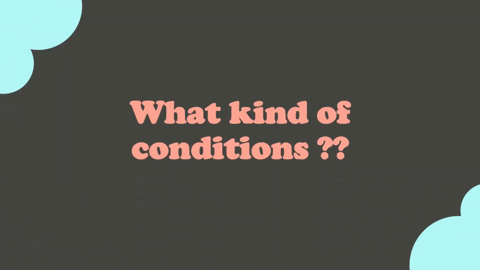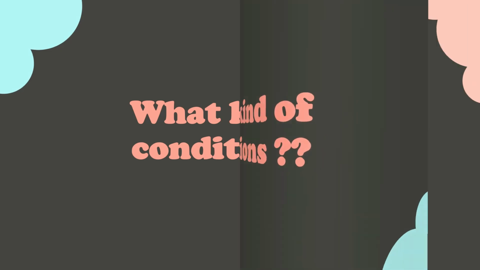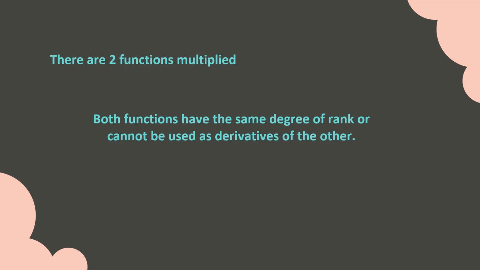Next, what kind of conditions make us able to use the integration by parts method? The conditions are that there are two functions multiplied by each other, and both functions have the same degree of rank or cannot be used as derivatives of the other.